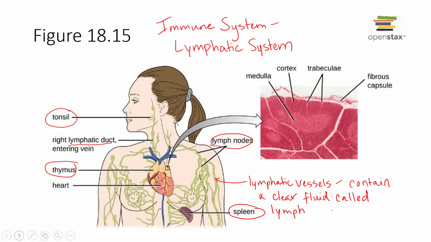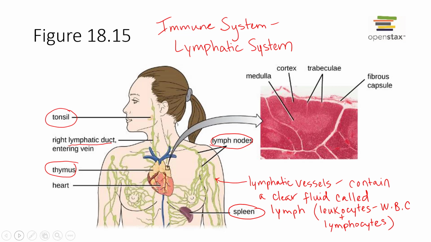Basically, that clear fluid is made up of leukocytes, which is a scientific term for a white blood cell, which I'll abbreviate WBC, as well as a specialized type of leukocyte that we call lymphocytes.